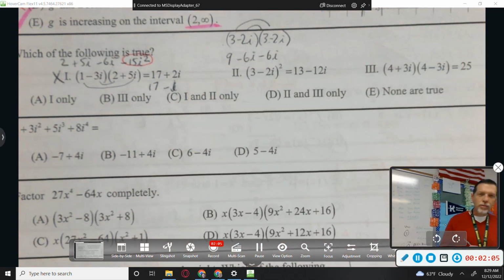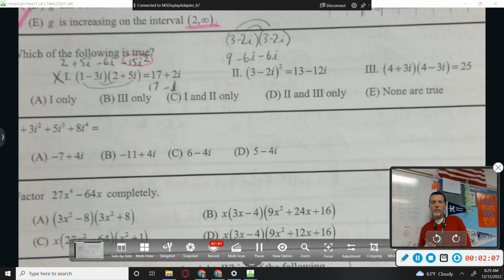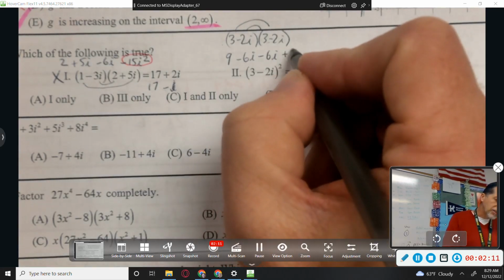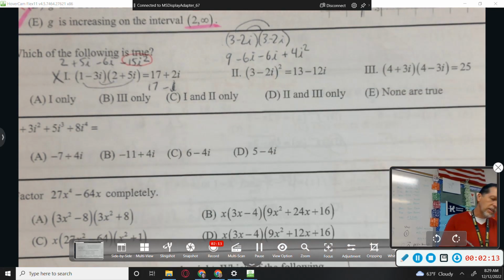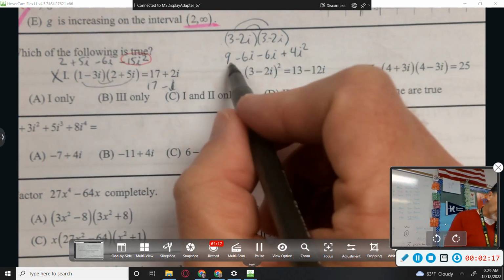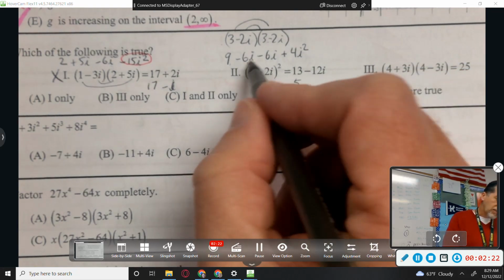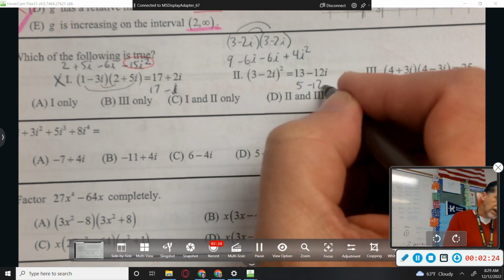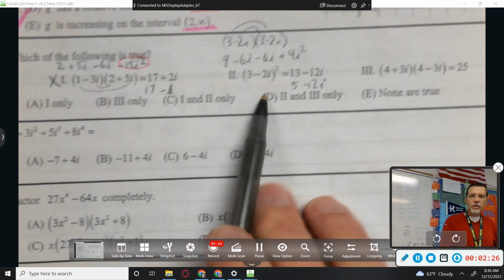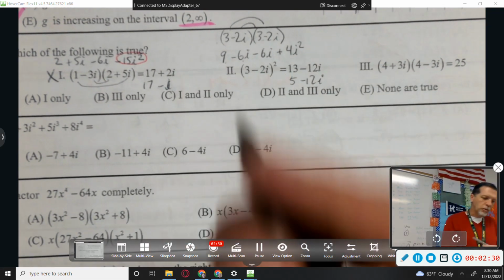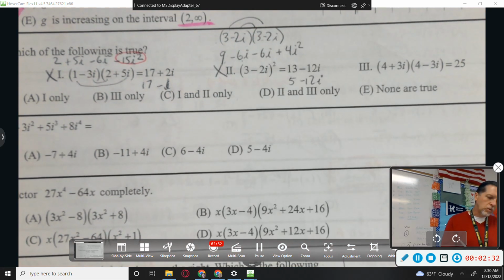And then that last one's always the tricky one. Negative 2i times negative 2i would be a positive 4i squared, which is negative 4. So 9 minus 4 is 5. Negative 6 minus 6 is negative 12i. And you can see the mistake they made. 9 plus 4 is 13, but that's not what you're supposed to do. So 2 is out.